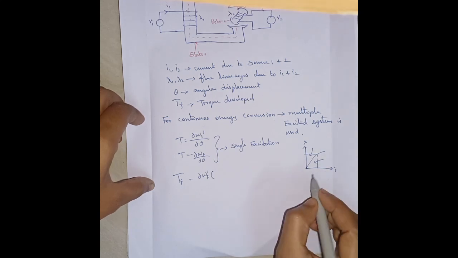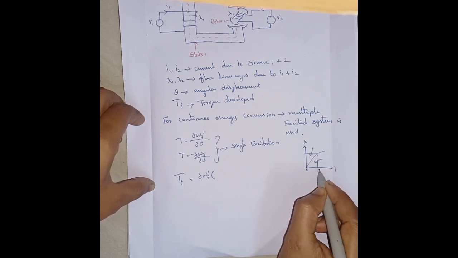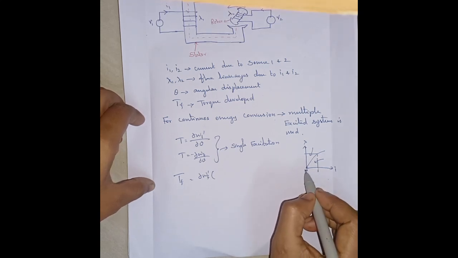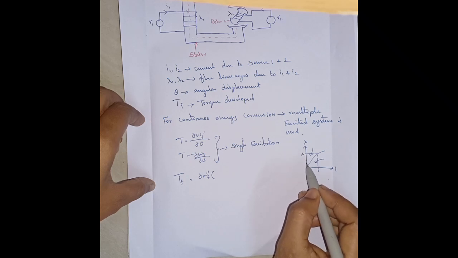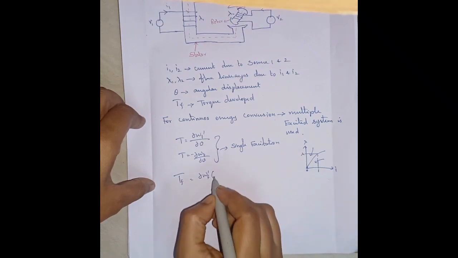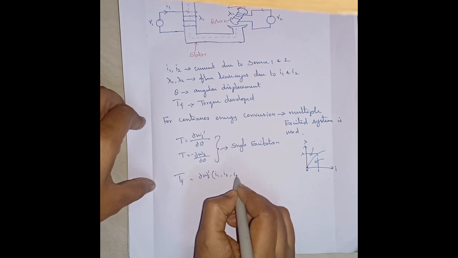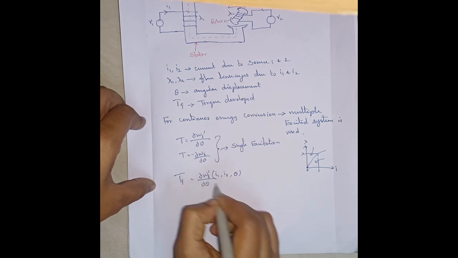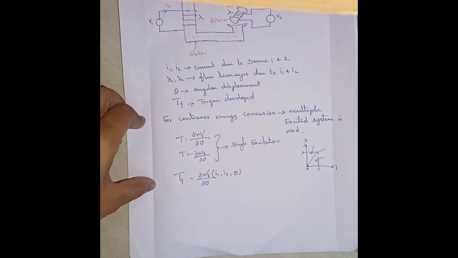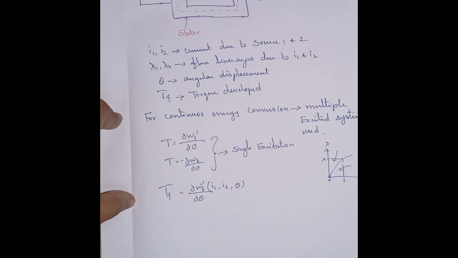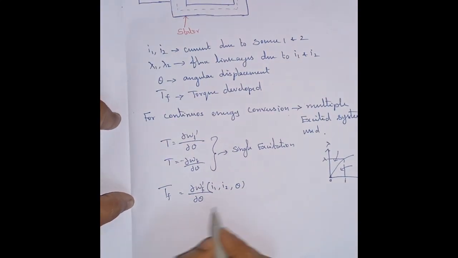So it varies over 0 to I, correct? Co-energy varies from 0 to I and energy varies from 0 to lambda. As we have two excitations, it is a function of I1 comma I2 comma theta, by dou theta. Here it has three independent variables, correct? So I1 and I2 and theta.